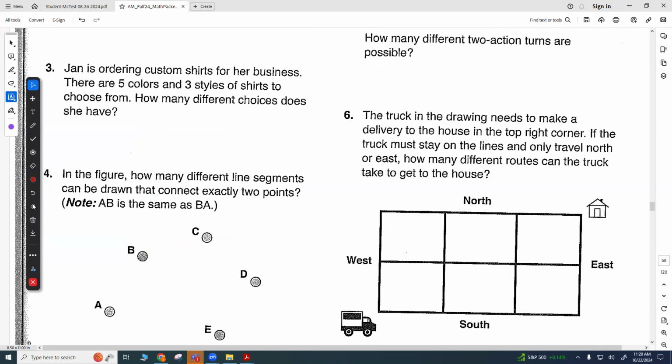Okay, number 3. Jan is ordering custom shirts for her business. There are 5 colors and 3 styles to choose from. So how many different choices does she have?